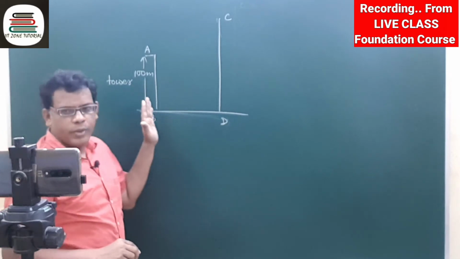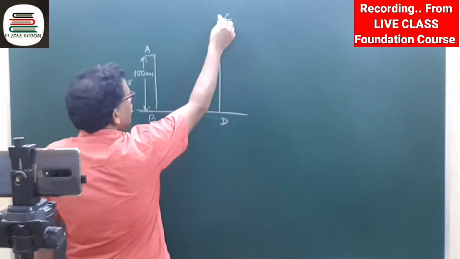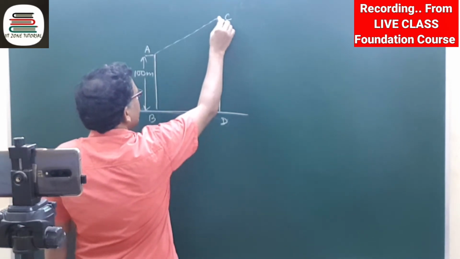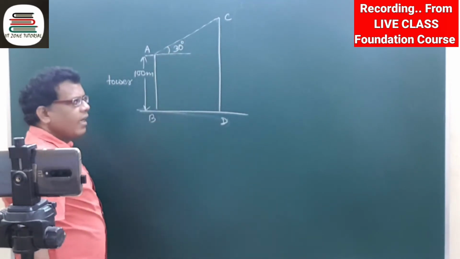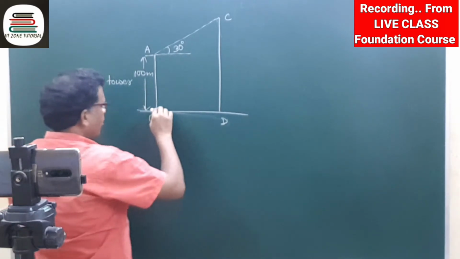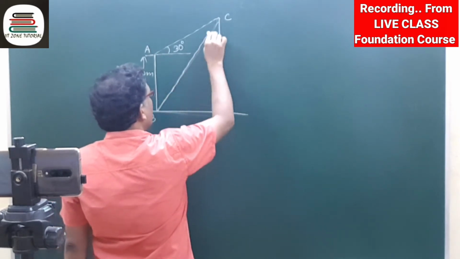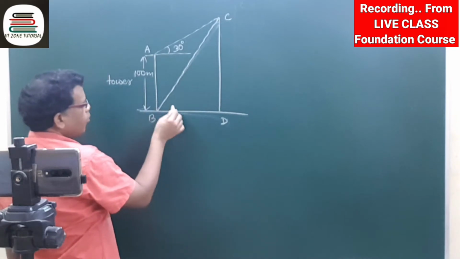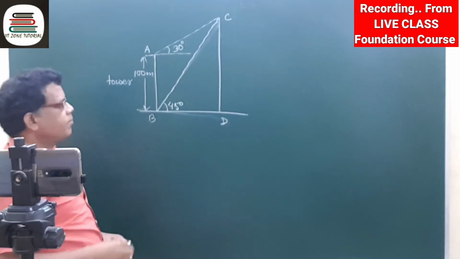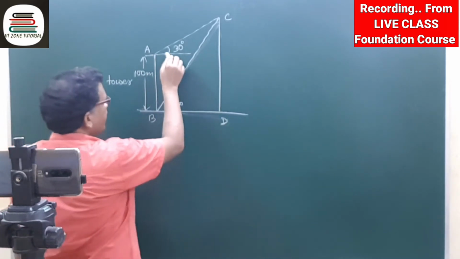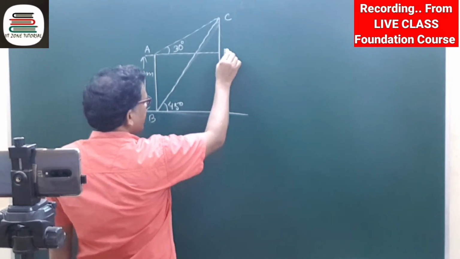The separation between the tower and the rock is not mentioned, but it is given that to the top of the rock there is an angle of elevation from the top of the tower of 30 degree, and to the top of the rock the angle of elevation from the bottom of the tower is given as 45 degree, right? So we have to find the height of the rock, which is CD. Let this point be marked as E.